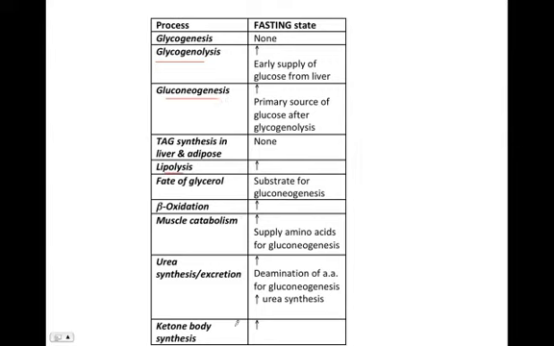The urea cycle is also elevated under these conditions, as deamination of amino acids required for gluconeogenesis is necessary, and the amine groups from those amino acids must be converted into urea. So the initial activity of glucagon is shown here. Glucagon binds a G protein coupled receptor.